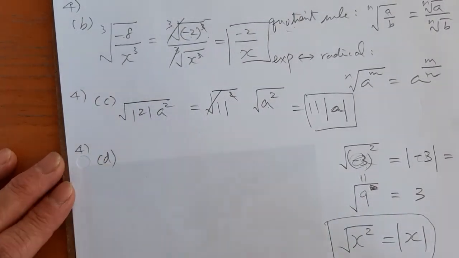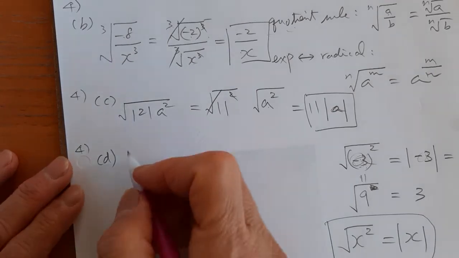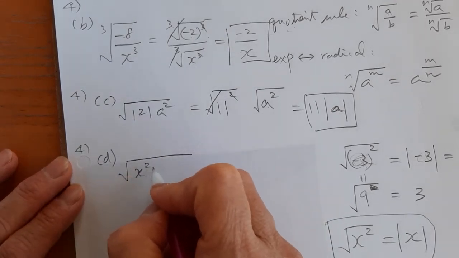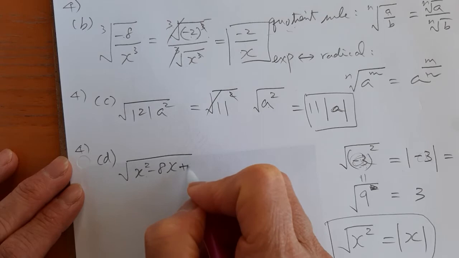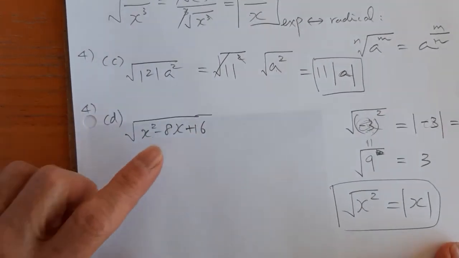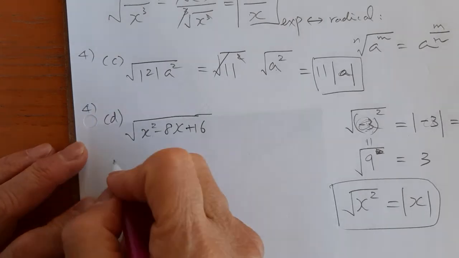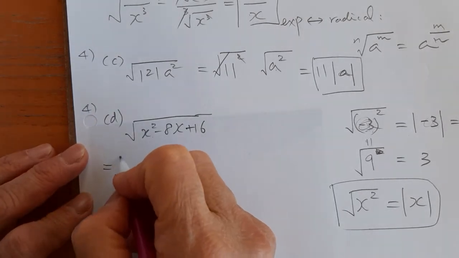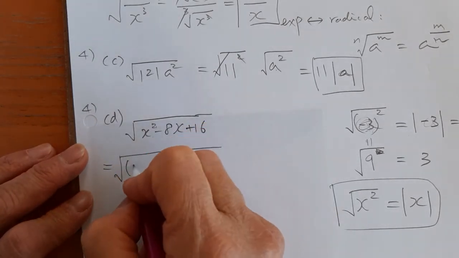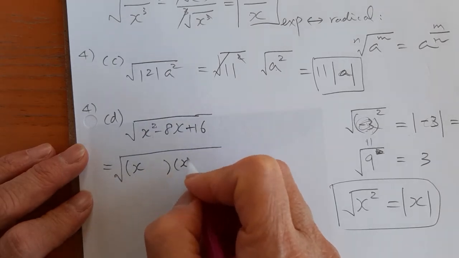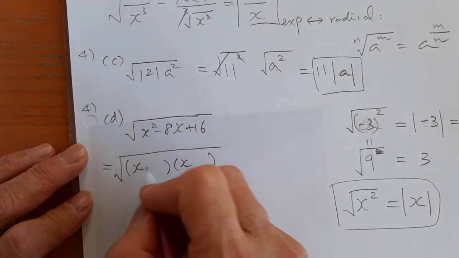4D. 4D is square root of x squared minus 8x plus 16. So this one you can use the formula or you can do either way. X squared, factor is x times x.